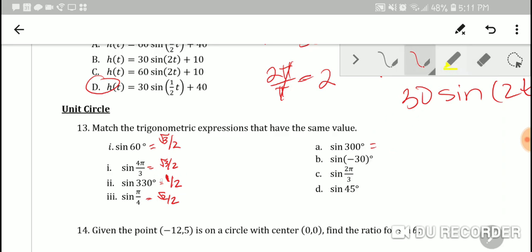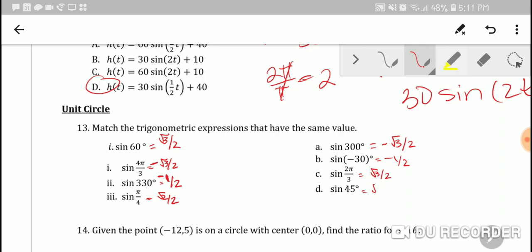And that's actually negative, so my bad, I need to go back and make that a -1/2. And a negative root 3 over 2. Sine of -30 is going to be the same as sine of 330. So that'll be -1/2. Sine of 2 pi over 3 is going to be equal to root 3 over 2.